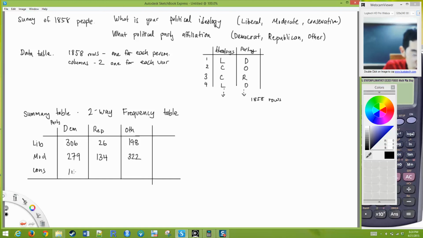No party affiliation would be considered other. 309, 180. Okay, and if we have the totals, we would have a total of 1,858 people, and I add up the rows and I get 530, 735, 593, and I get 689, 469, and 700.